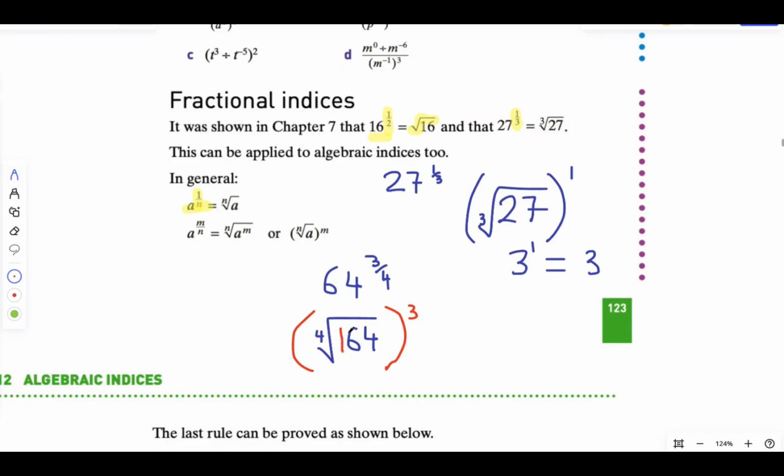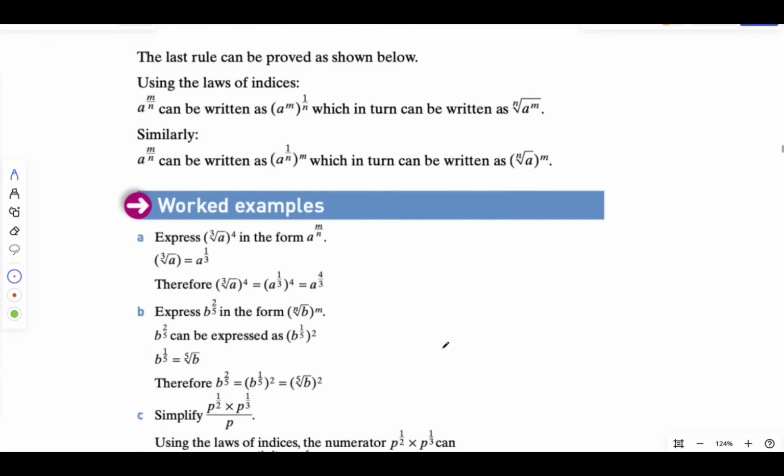Check. 128, does it have a fourth root? Okay, let's say 512. 512, check. Okay, so you find the root and you raise it to the power, whatever. You find the fourth root and raise it to the power. Is that okay? We'll move on.